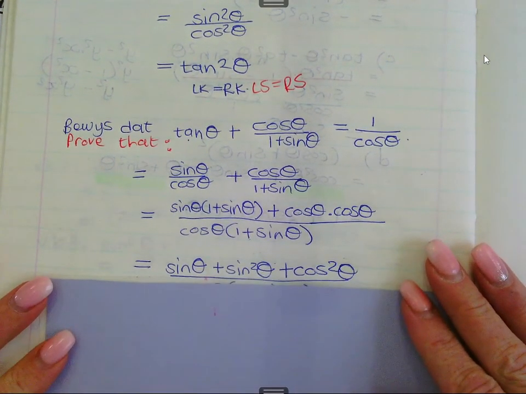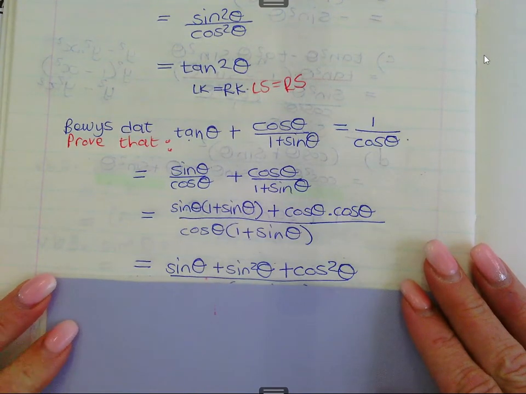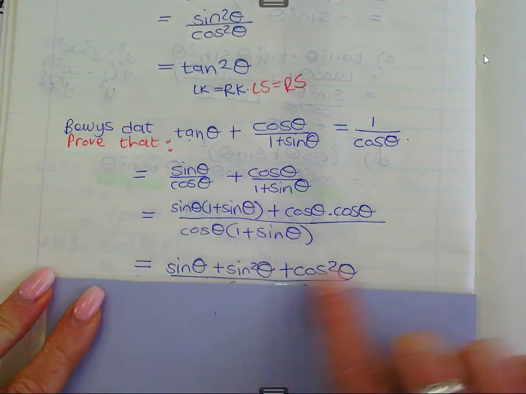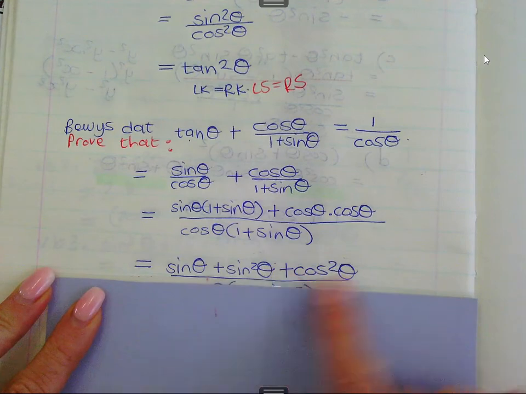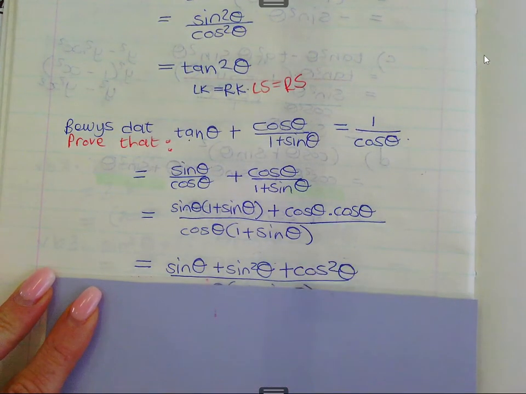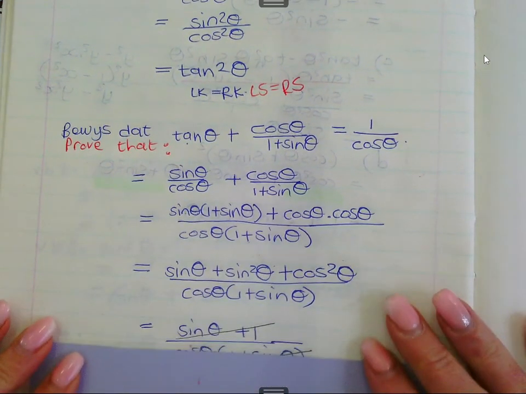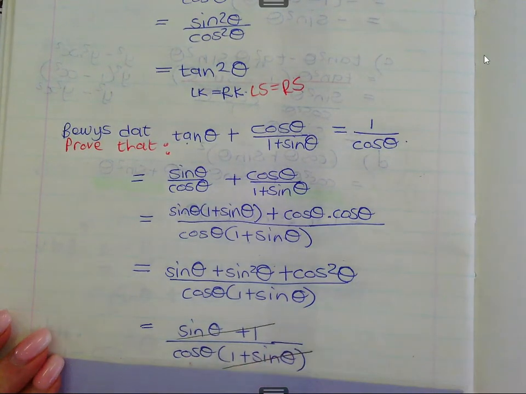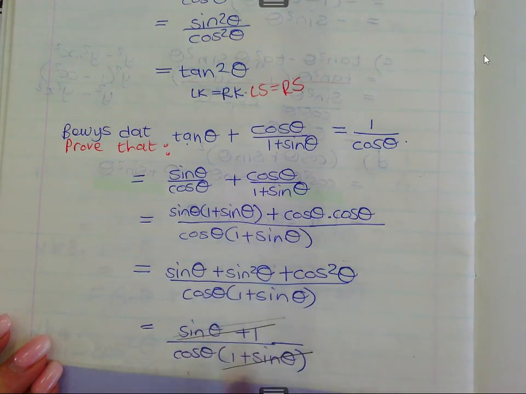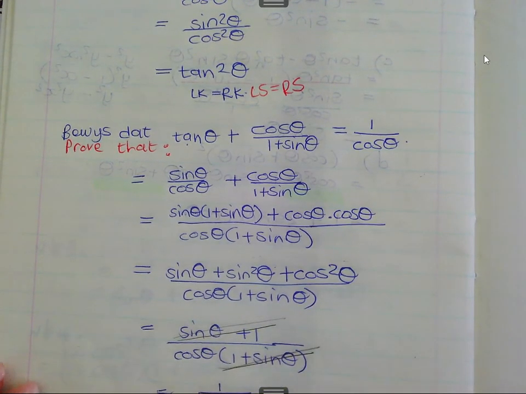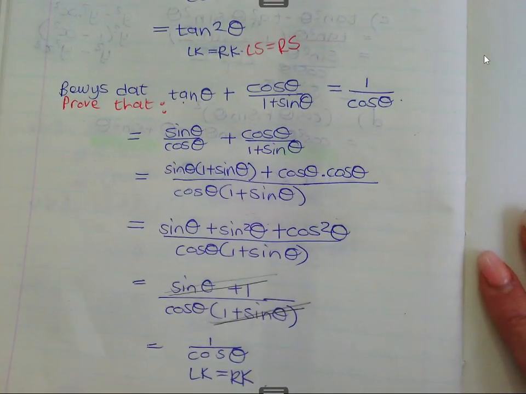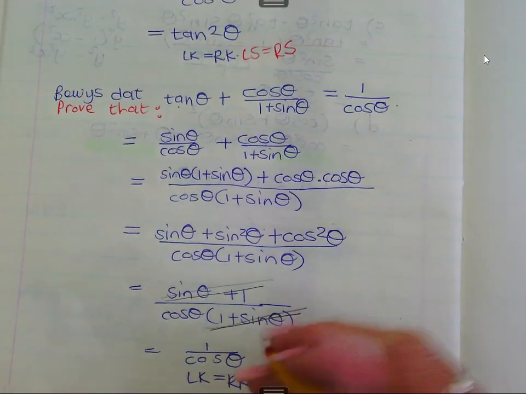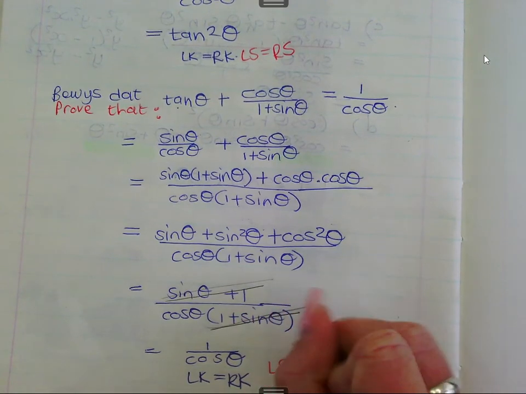What do you see? Sin squared plus cos squared is 1. So at the top I have sin theta plus 1. And at the bottom I have 1 plus sin theta. And now I can go back to algebra, cancel them out, and I've got 1 over cos. And that's exactly what I had to find. So the left side is equal to the right side.